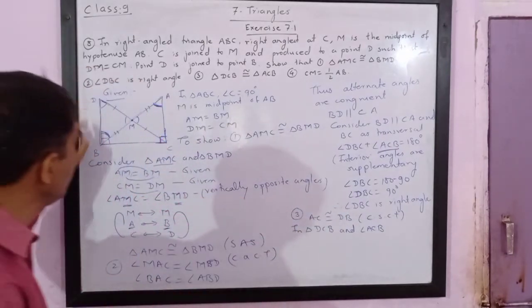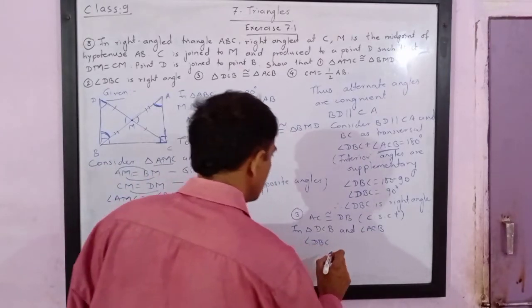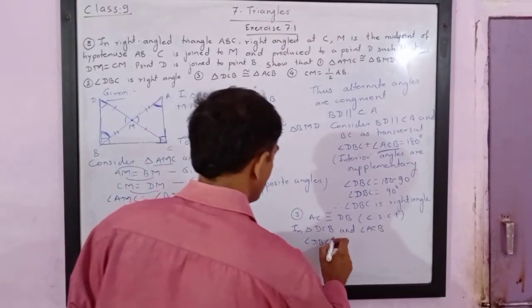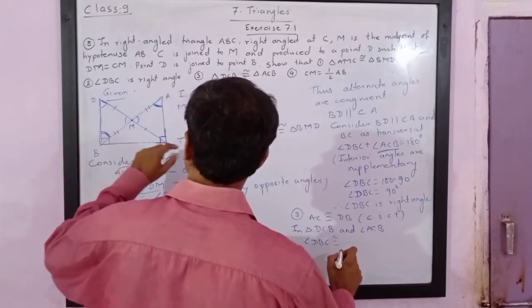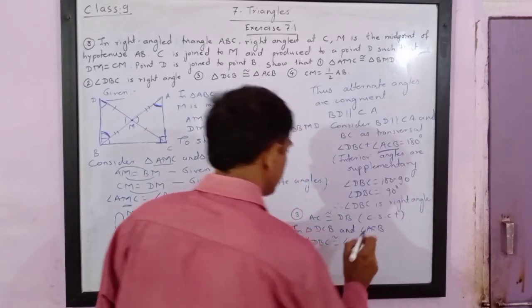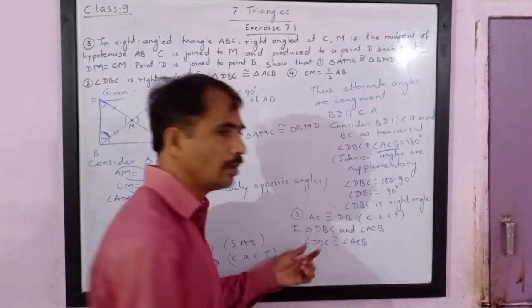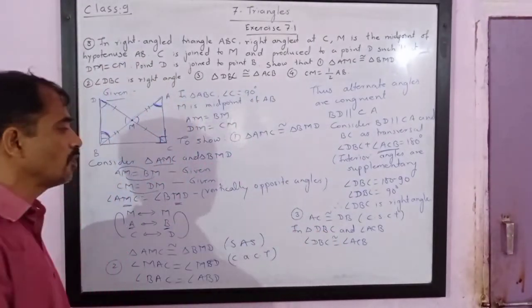So angle DBC is congruent to ACB. Please make the correction. This is DBC congruent to ACB. This is what we have to prove.